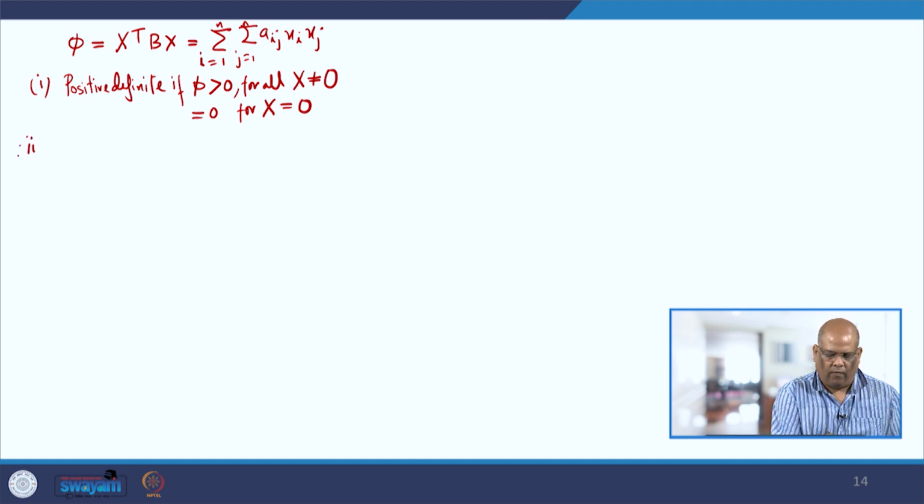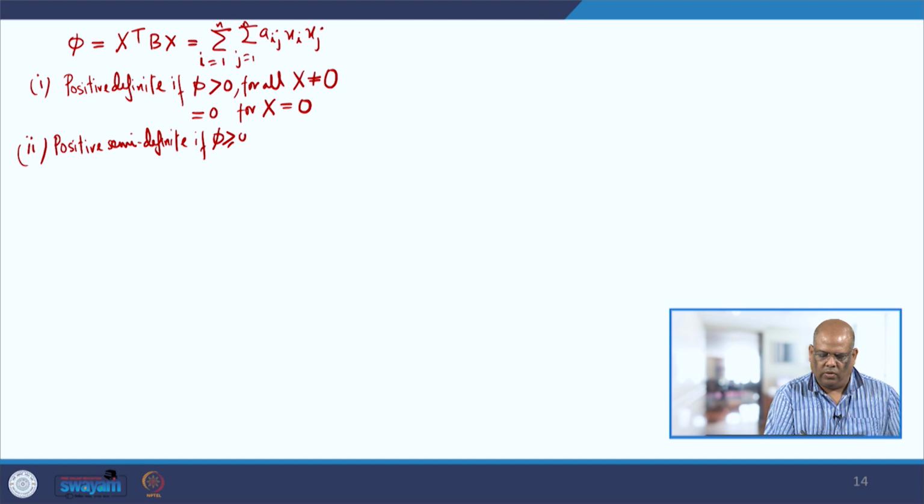Number 2, the quadratic form is called positive semi-definite if phi is greater than or equal to 0 for all x not equal to 0, and it is equal to 0 for x equal to 0.